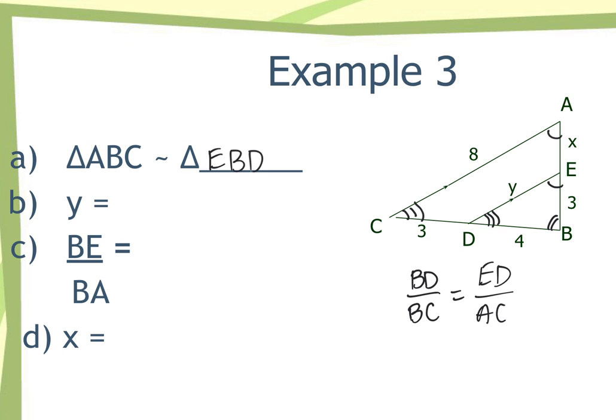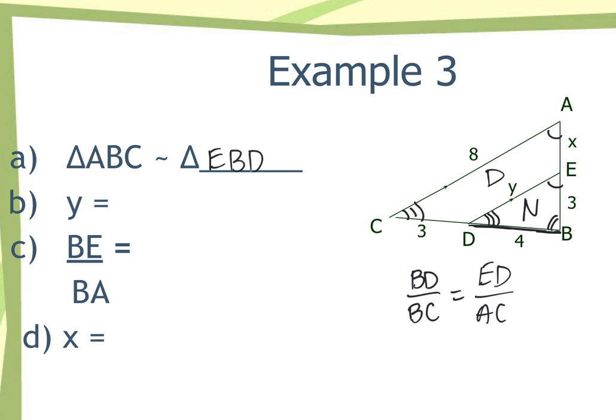Now let's see how Sophia got that. She made the smaller triangle her numerator and the bigger triangle her denominator, right? So what's the side BD in the numerator? What's it corresponding to? BC, right?